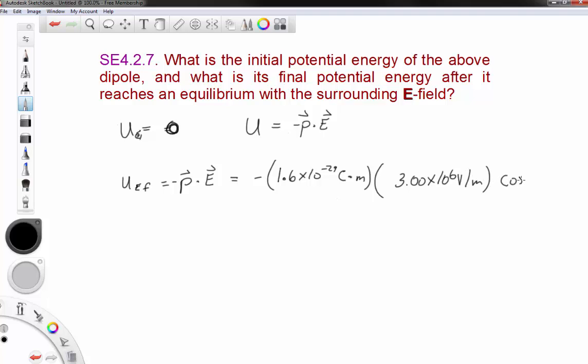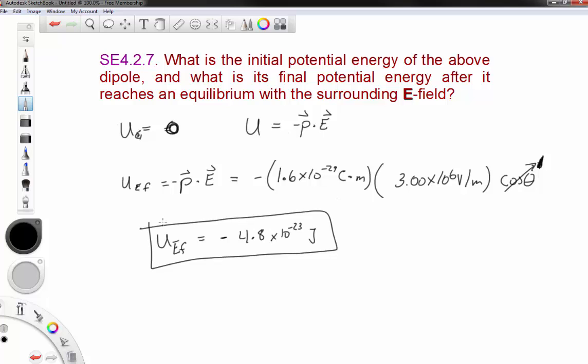And finally, they're basically at equilibrium, and that means that they're parallel to each other. So that term is not 0; it's 1. Theta is 0. Cosine theta is 1. And so the final potential energy is minus 4.8 times 10 to the minus 23, and now we can actually use joule as our unit.